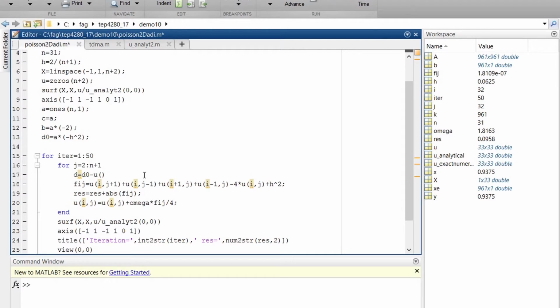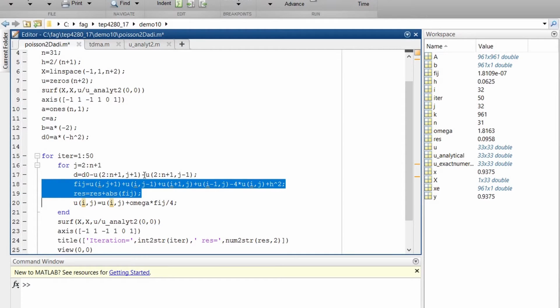How can we do that? Well, that's from 2 to n plus 1, comma, and then it was j plus 1. So now I program it on the vector form, taking all in one sentence, and here all the different i's, but now j minus 1.